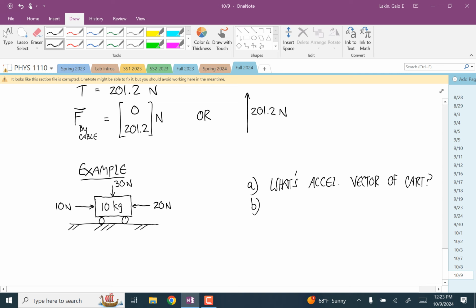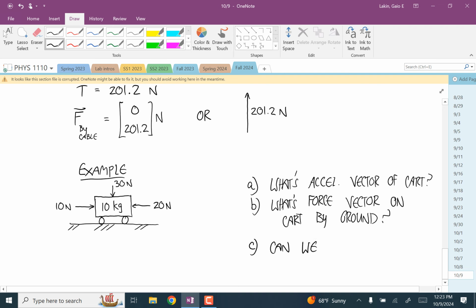And second, what's the force vector on the cart by the ground? And then actually, let's ask a third question. Can we tell whether this is speeding up or slowing down?